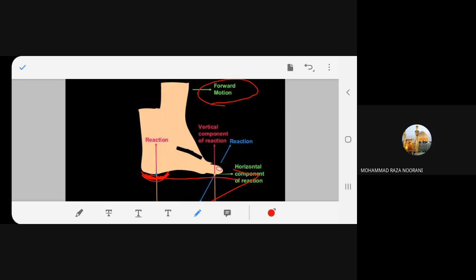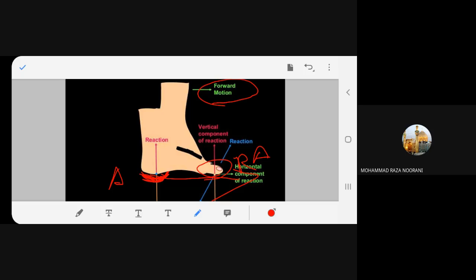If this is pressing, for example, this is action, then the heel becomes reaction. And if the heel becomes action, then the toe becomes reaction. You understood now? Because it is moving in tandem, simultaneously. Only the toe is working, you cannot walk. Only the heel is working, you cannot walk, right?